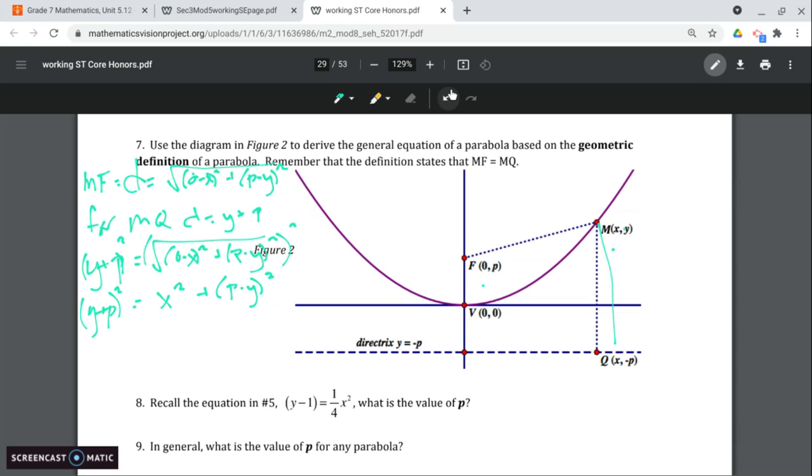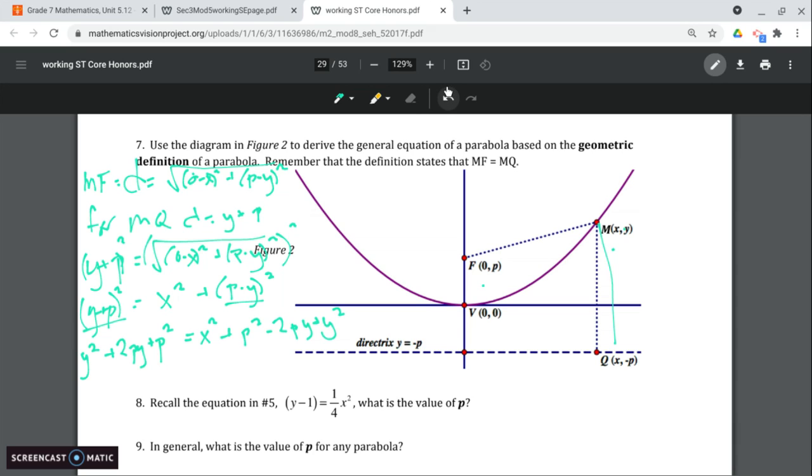So then we can FOIL this. We end up with y squared plus 2py plus p squared equals x squared. We're also going to FOIL this, plus p squared minus 2py plus y squared.